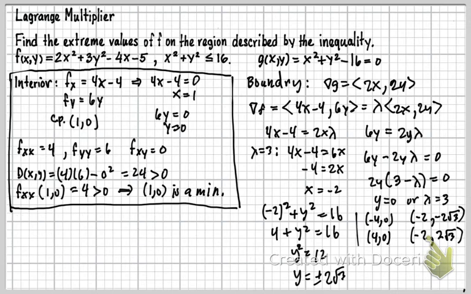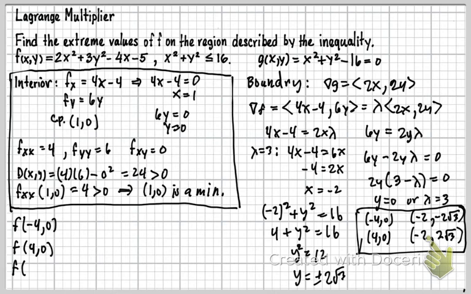So now back to our problem. These are the 4 points that we have to consider that are all on the boundary. Now again, once I have my boundary points, I just have to plug them in my function to figure out if they're going to be maximums or minimums. And then I just go from there. I'm just going to write them out, and I'm not going to show the math for these.